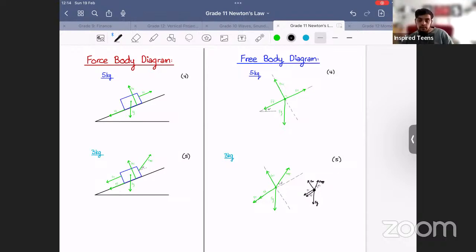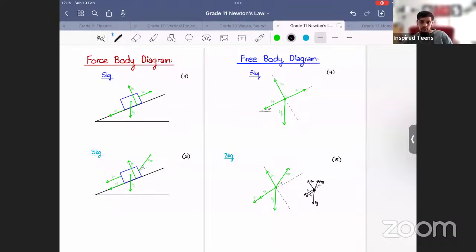Instead of friction, can we say that the force that the 3 kg acts on the other object? No, that's different. I think you're talking about when 2 objects are touching.